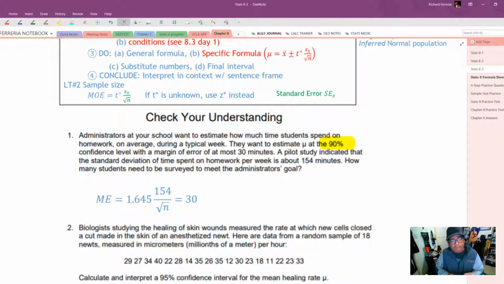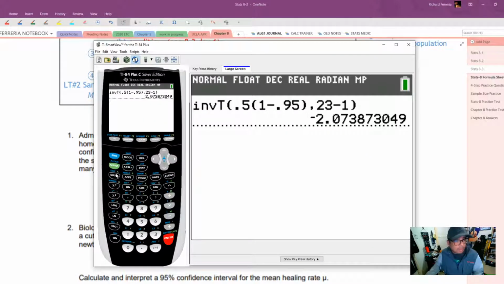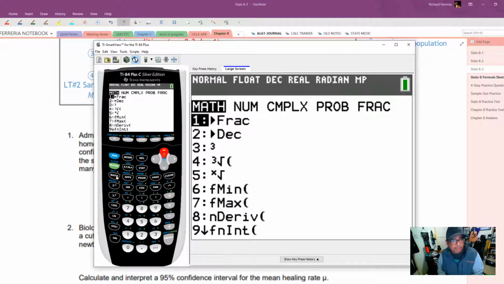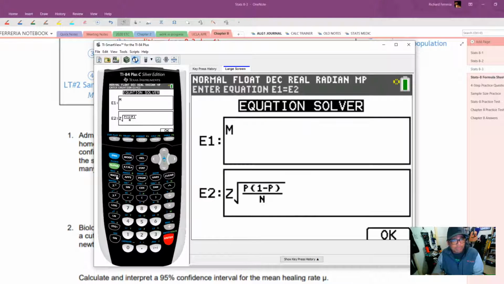Since we got all of this now, we're going to go into our solver so we can figure out our sample size. Okay, so math, scroll to the bottom and get to solver. And the margin of error is equal to z. Now this part is wrong, so we're just going to have to delete this stuff. Looks like we're going to have to get rid of everything.